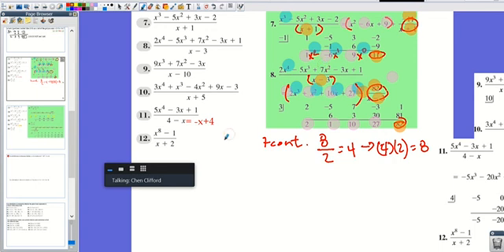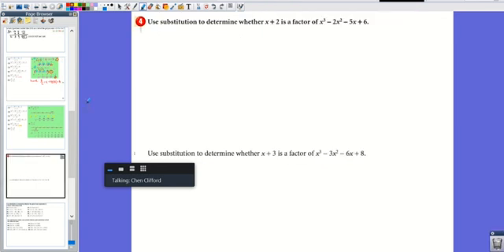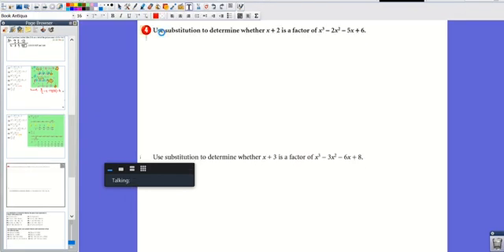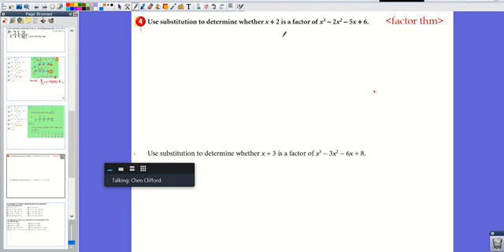All right, folks, I want to teach you something really easy. This is called the factor theorem. You can do this using synthetic division, which is, you would do -2.